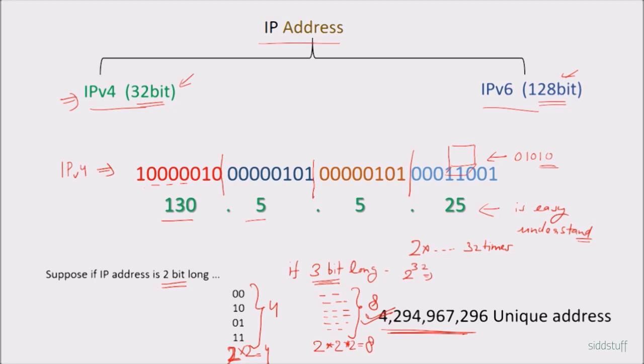So the people who designed IP version 4 thought that its range would be enough, but now they have realized that the IP version 4 range is getting shorter. That's why IP version 6 was invented.